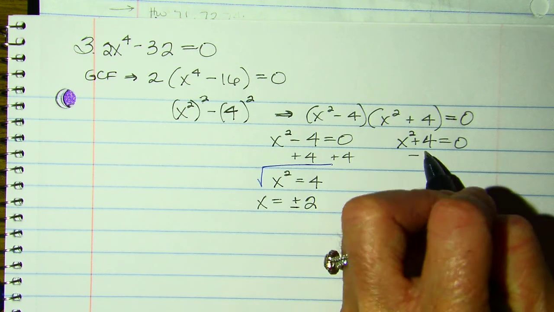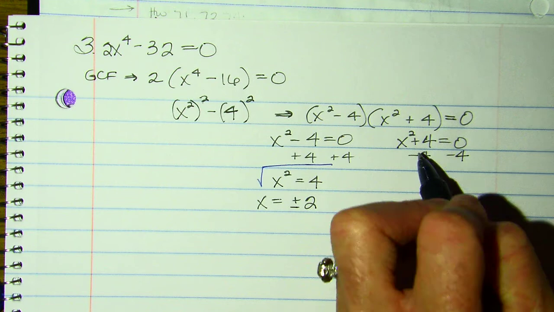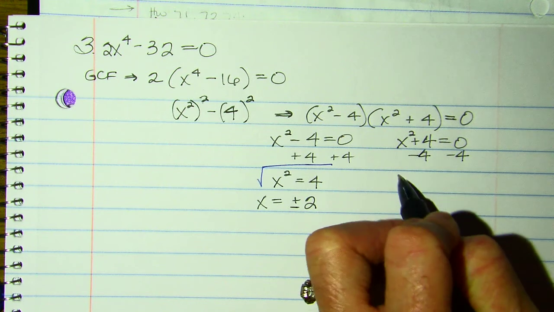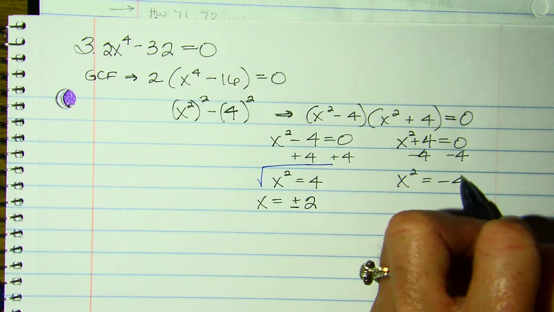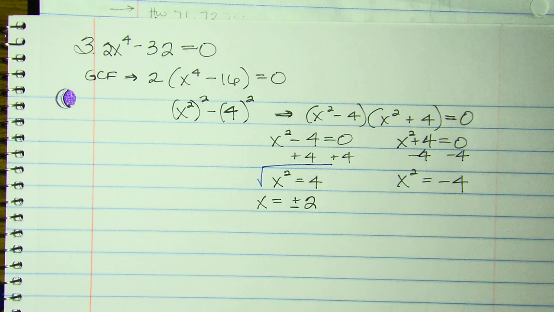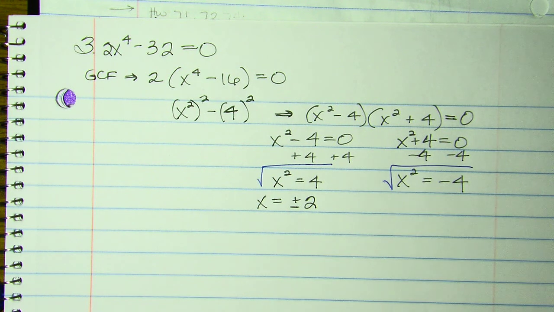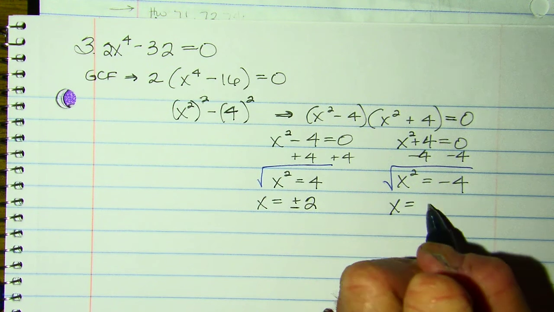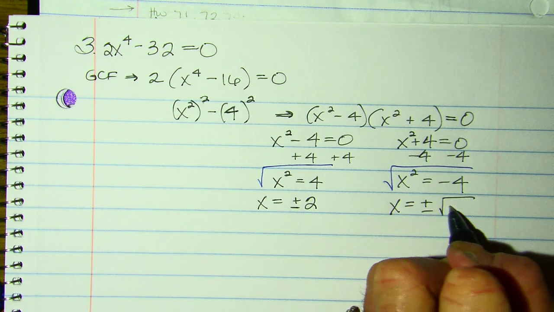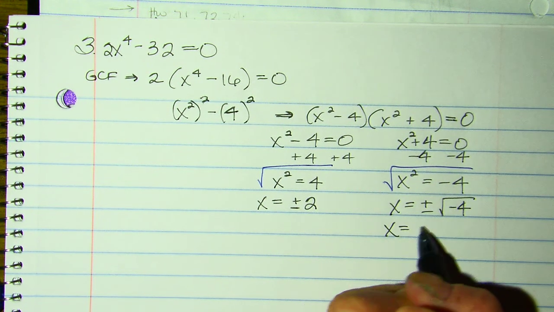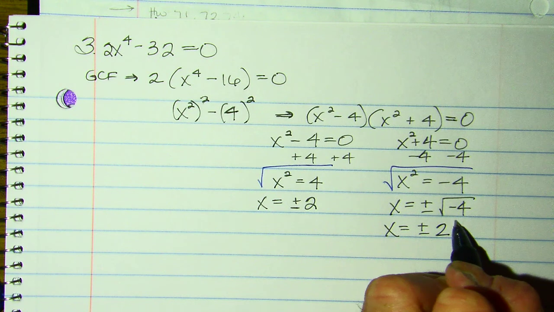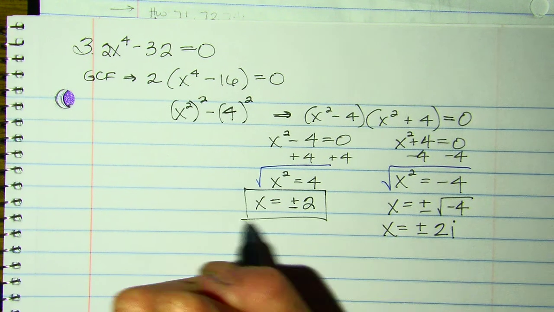Other side, I would subtract 4, and I'd get x squared equals negative 4. Take the square root of both sides, and x equals plus or minus the square root of negative 4, which is 2i. And so these are my 4 solutions.